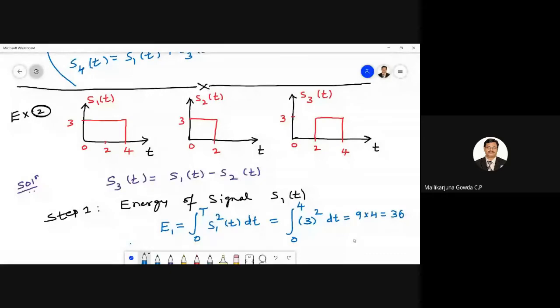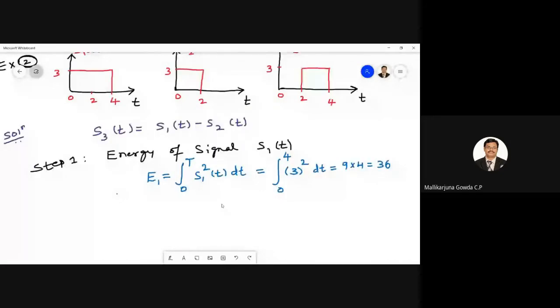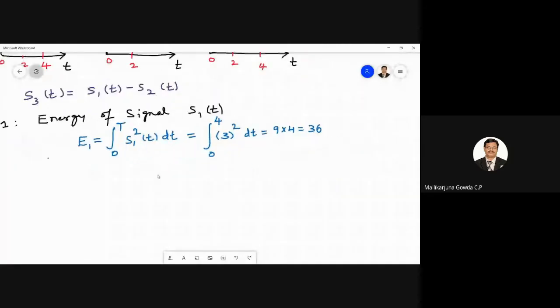Usually we say the units are joules, right? It is over the interval 0 to 4. When t is greater than 0 and less than or equal to 4, its value will be 36 joules.